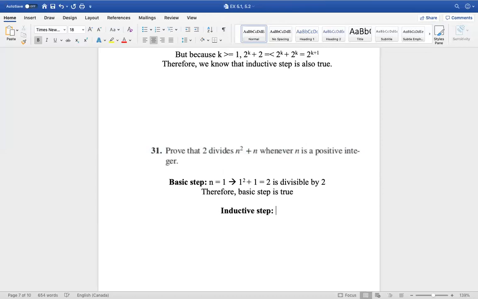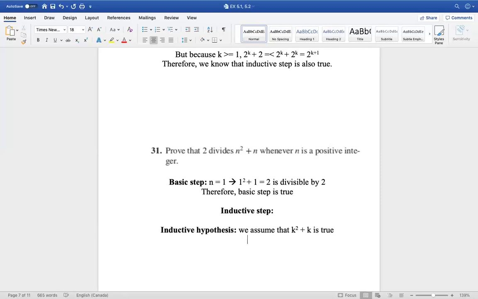Inductive step. Now in the inductive step, what we have to assume is the inductive hypothesis. In the inductive hypothesis, we assume that this here, we're just going to replace n with k, right? So k squared plus k is true.